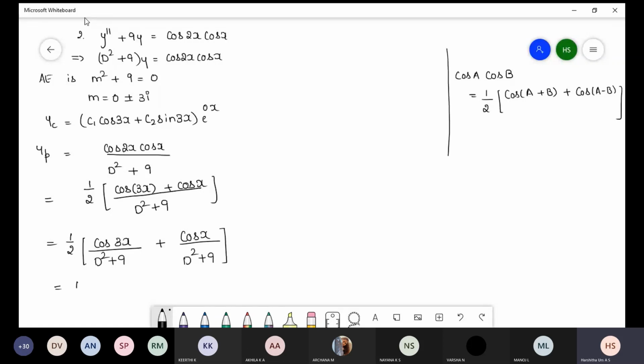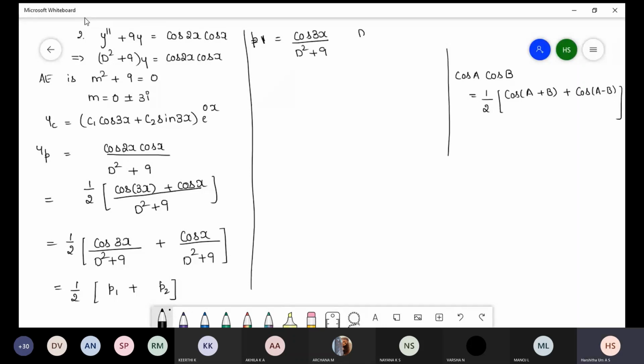1 by 2 into P1 plus P2. Sorry, first we write P1. P1 is equal to cos 3x divided by D square plus 9.